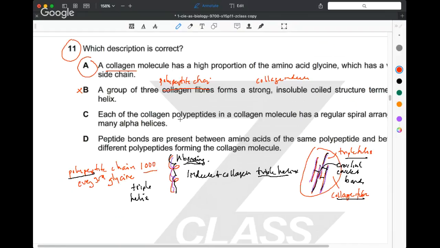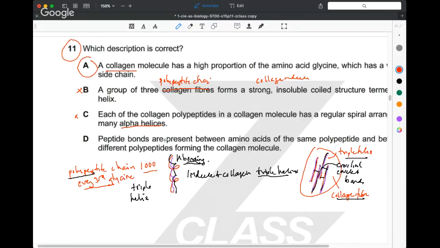Now each of the collagen polypeptides, so far so good, in a collagen molecule, good, has a regular spiral arrangement of many alpha helices. Well, that's close, but these are very loose helices here. And they're loose because every 3rd amino acid is glycine. So they're not typical alpha helices, they're much looser than that. So that's the distractor there, that's wrong.